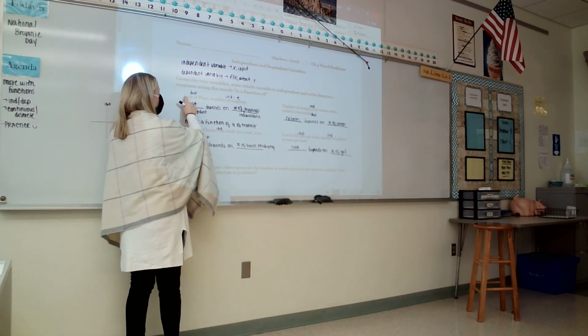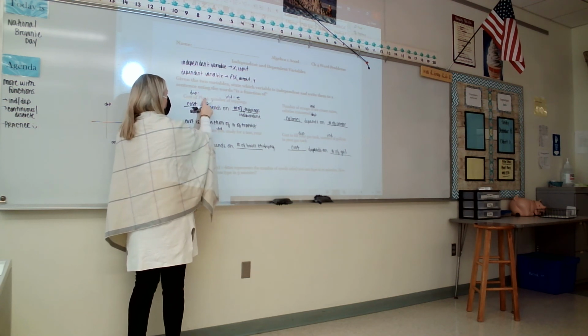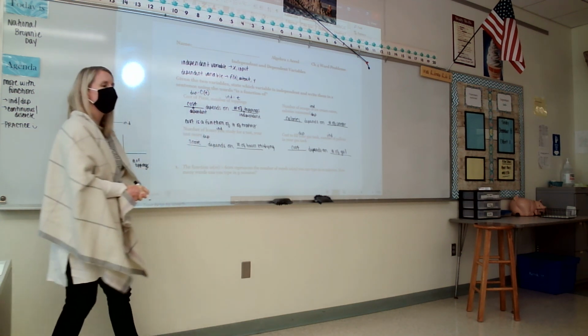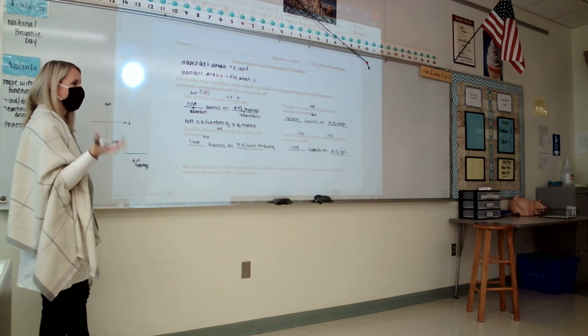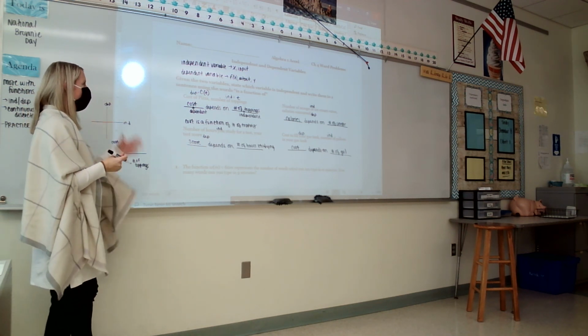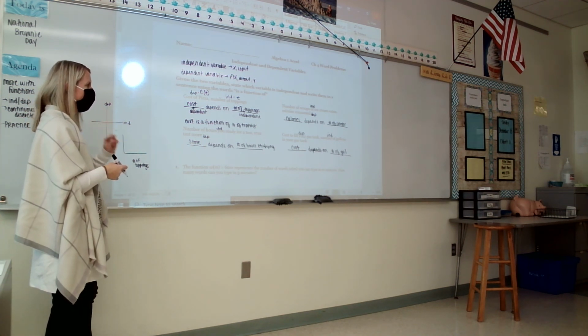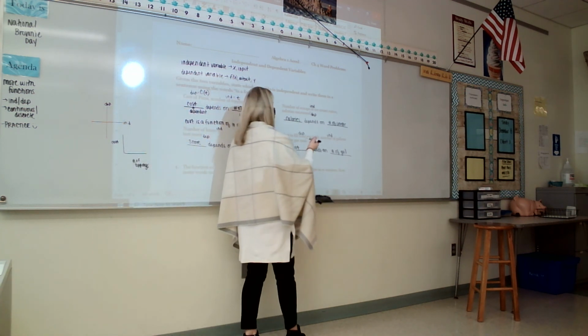But then since the cost depends on the toppings, we need to write this in function notation. So your toppings is independent, you can just have T, but your cost depends on toppings, so we write it as C of T.